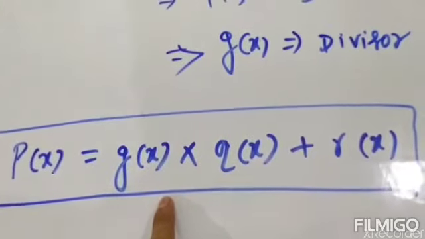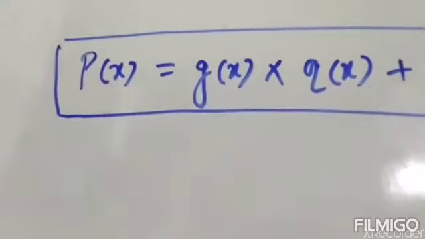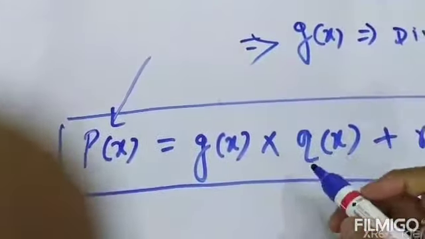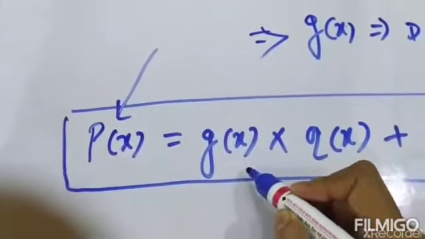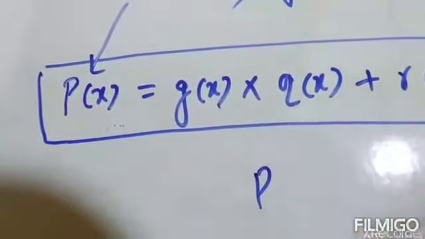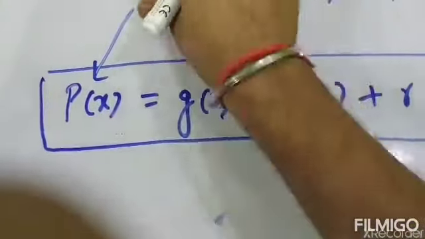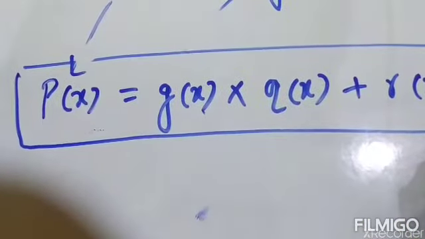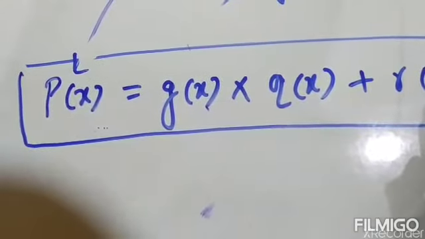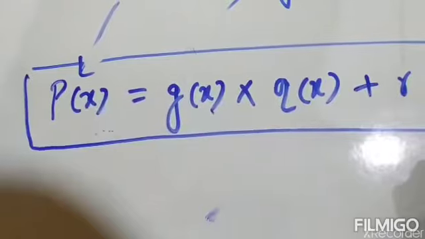Note down: the degree of P of x is greater than the degree of g of x, and the degree of R of x is less than the degree of g of x.